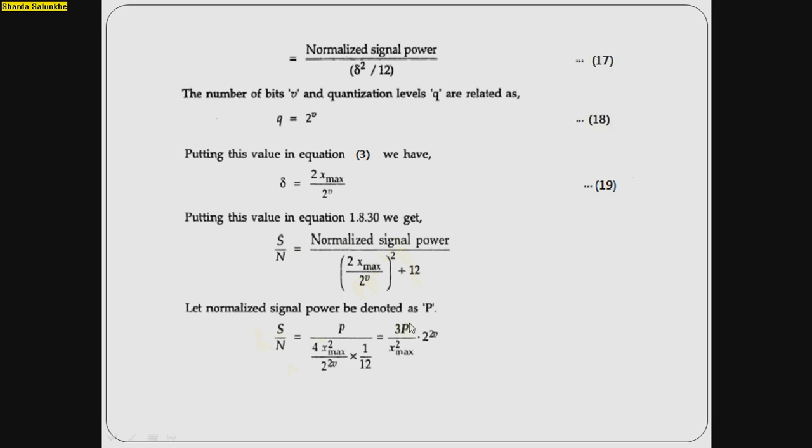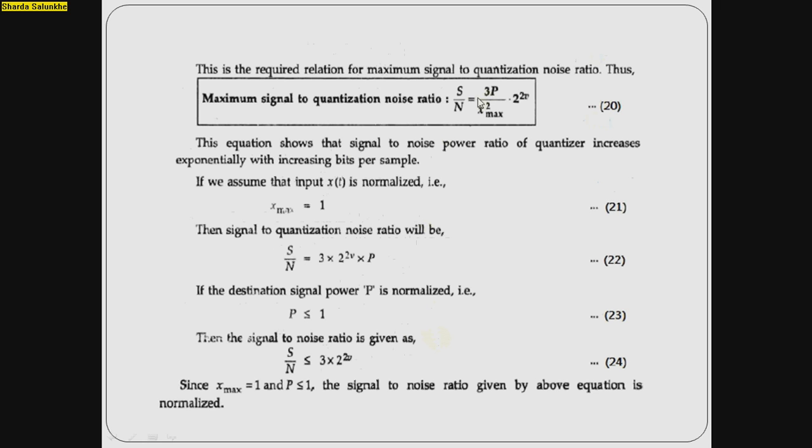So S by N is 3P divided by x max square into 2 raised to 2V. So the normalized quantization noise ratio is S by N equal to 3P divided by x square max into 2 raised to 2V. If we assume x of t is normalized, so x max is equal to 1, then S by N is 3 into 2 raised to 2V into P.